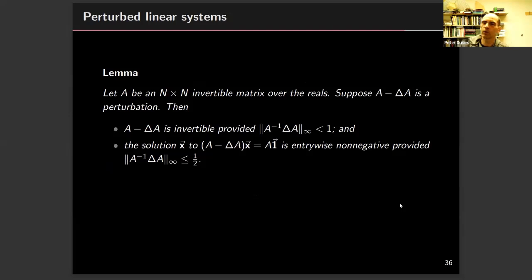If you have an invertible square matrix A, and you have a perturbation by subtracting delta A, then as long as the norm of A inverse delta A is less than or equal to 1/2, then you have a non-negative solution to the perturbed matrix times X equals the original matrix times all ones. In other words, if you have an all ones solution and you perturb it by something that's small in this sense, then you're going to still get a non-negative solution. And we want a non-negative solution to get our fractional Sudoku.